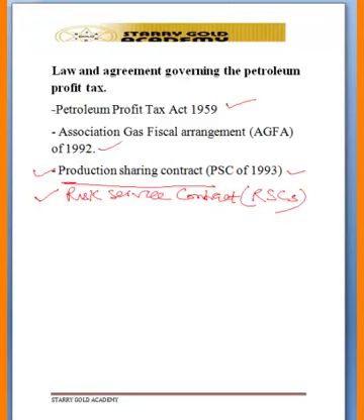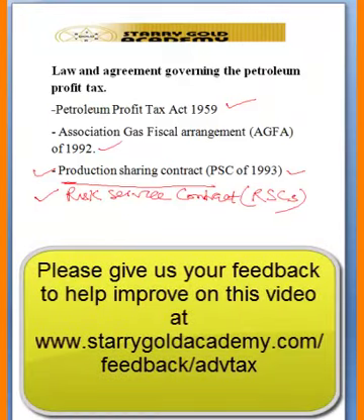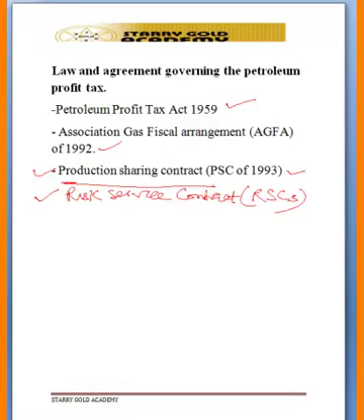And how is the contractor remunerated? He is reimbursed only from funds derived from the sale of oil produced. So again, that is risk service contract. These are agreements we need to know about the oil industry: the production sharing contract and the risk service contract.